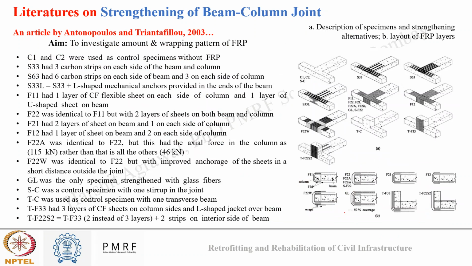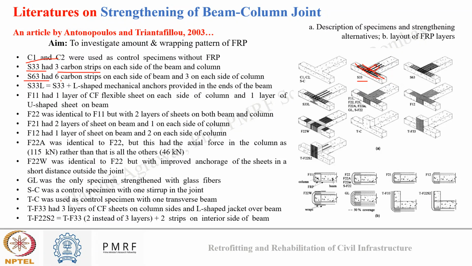Okay. So what are the different specimens that they used? They designated different specimens by different names. C1 and C2 were the control specimens without FRP. S33 had three carbon strips on each side for beam and column. So you can see in the second image, three strips for beam and three strips for column were used for FRP strengthening.